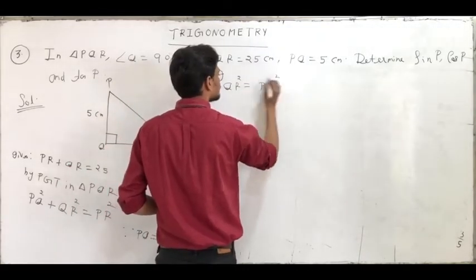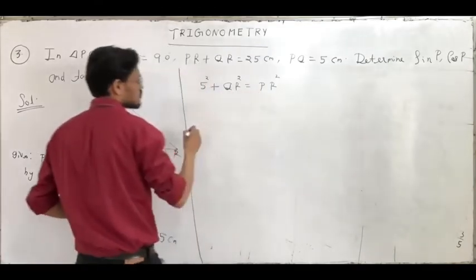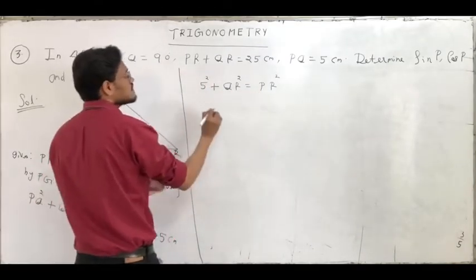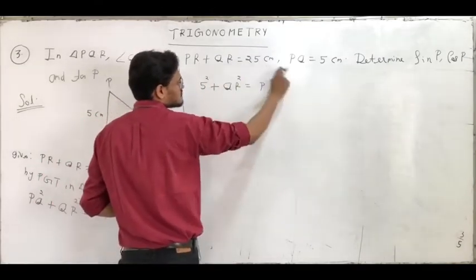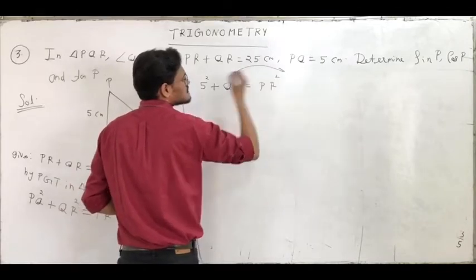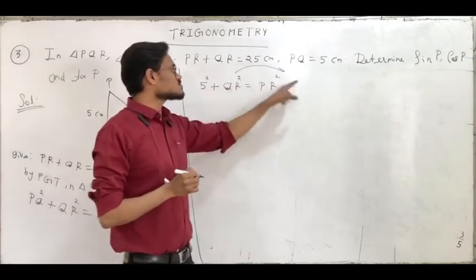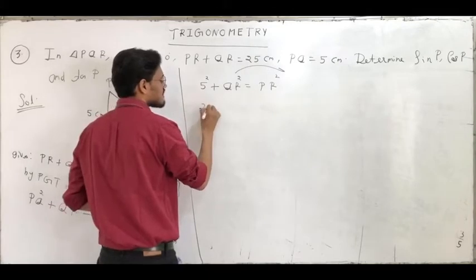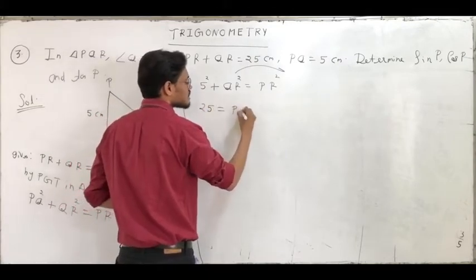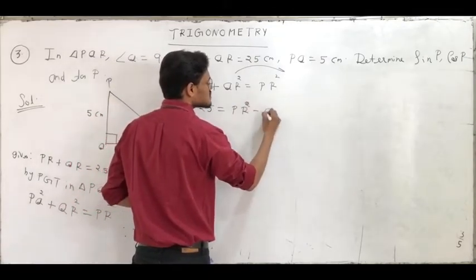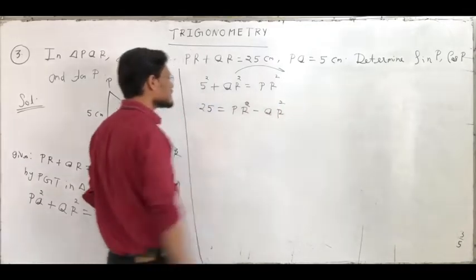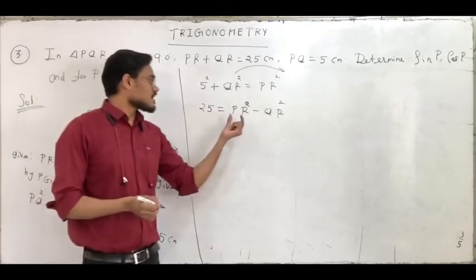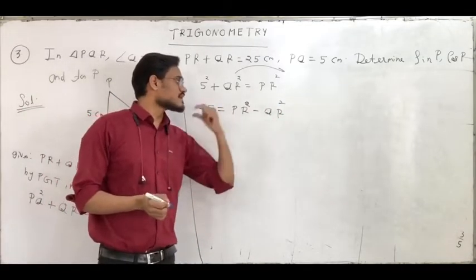No problem. Okay, so see, if I set this QR square in the right hand side, what I will get? 5 square is 25, and it's gonna be PR square minus QR square. Now student, I have found PR square minus QR square.